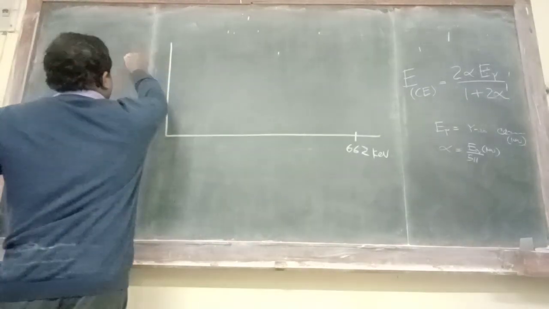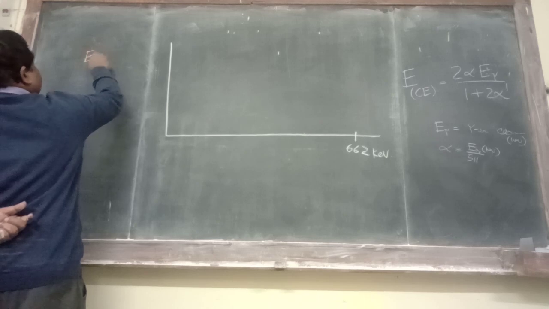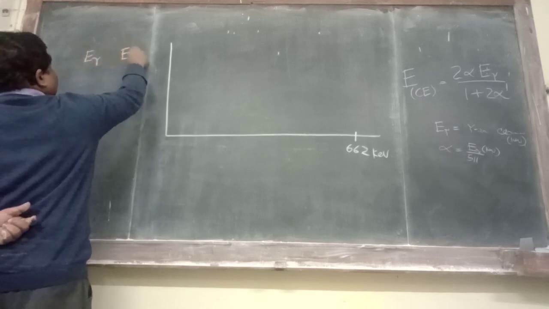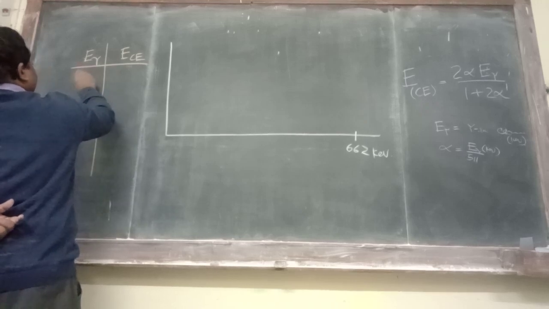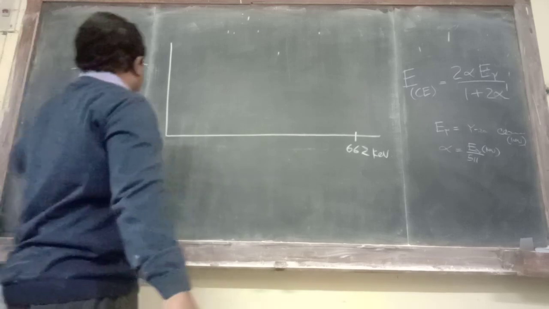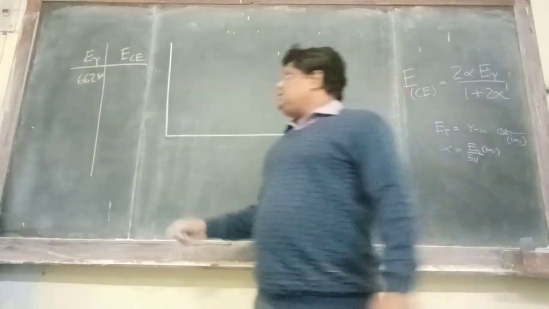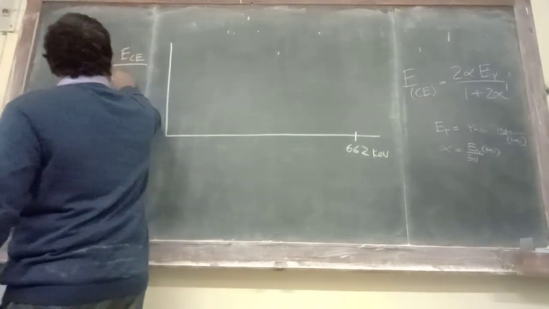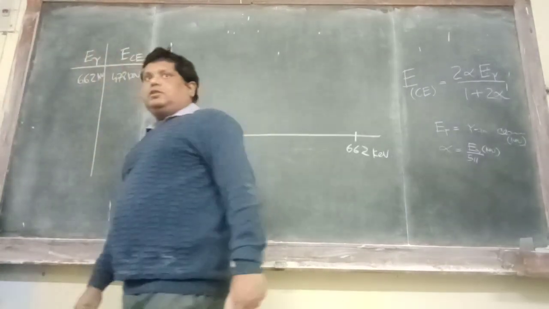First, if the energy is 662 keV, then what's the Compton Edge for this energy? You can calculate using this, and you will see that the value is approximately 478 keV.